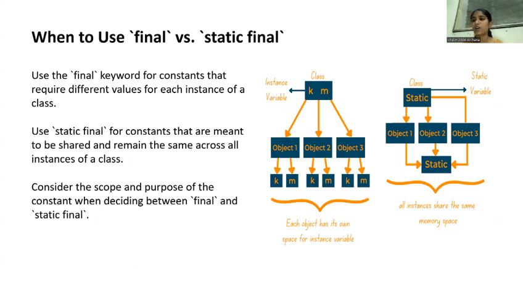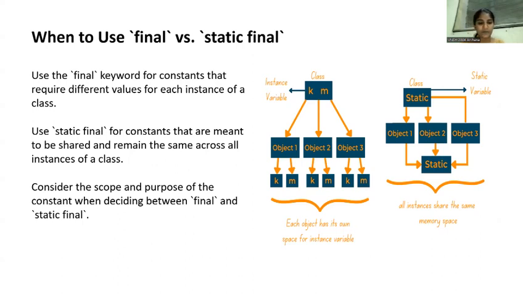If we create many objects for a single class, the static final variable will be shared among all the objects, but it cannot be changed. It will be constant forever. So this is the slight difference between final and static final.